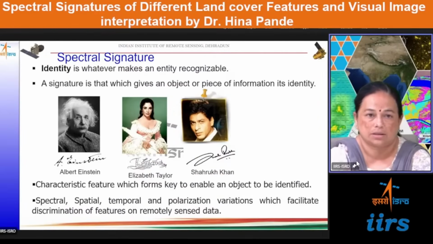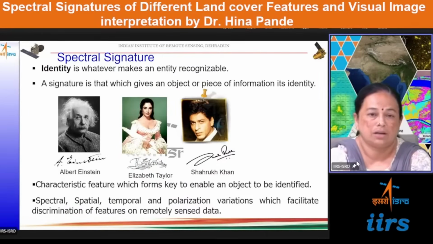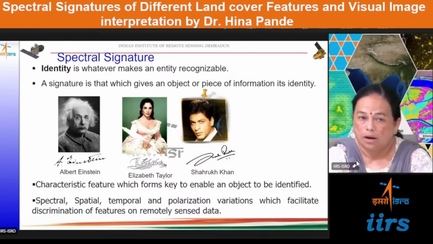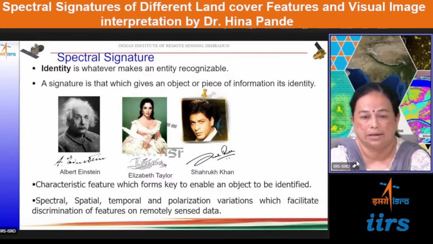Now we come to the next section as to how the actual interpretation is done, based on what characteristic. Whenever we start identifying objects, suppose we start identifying human beings or people we know, identity is established by some signature or some entity which is a characteristic feature, and this forms the key to enable that object to be identified.